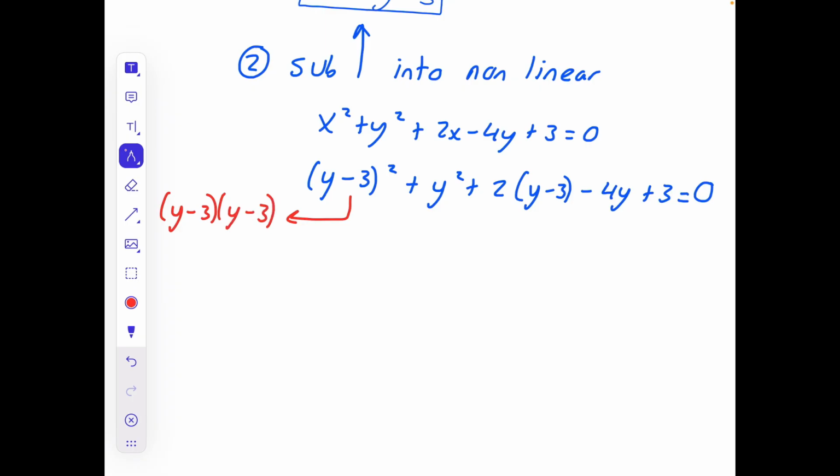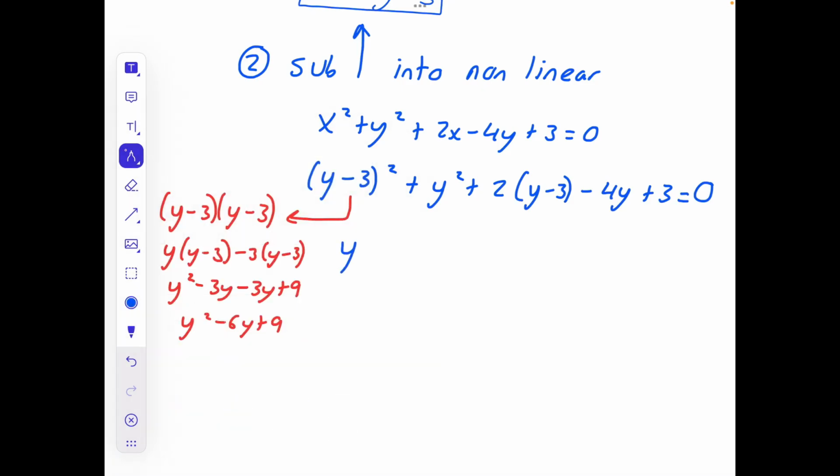So y minus 3 to be squared is y minus 3 multiplied by y minus 3. So now I'm going to multiply out those brackets. What I'm going to do is write down the second bracket twice, split up the first bracket, and multiply that out.